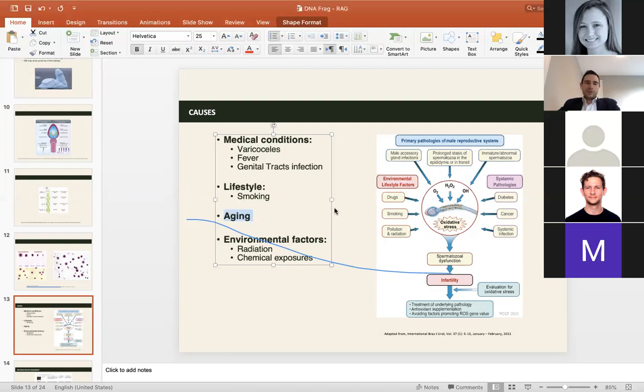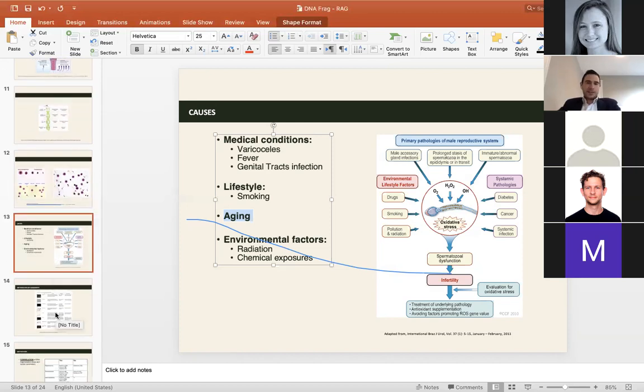So after the age of 40, each man will have lower quality and lower quantity of sperm by around 1% just because of aging, because aging itself would cause oxidative stress. So these are mainly the most common causes of oxidative stress that DNA fragmentation will reveal. So you can think about DNA fragmentation as a manifestation of other systemic and environmental factors that the person is having.